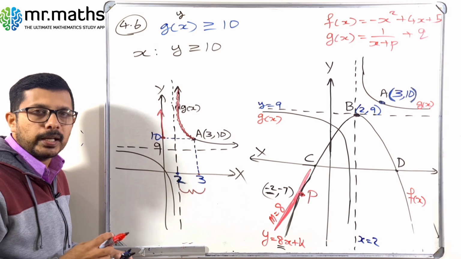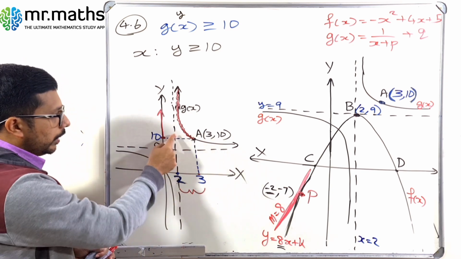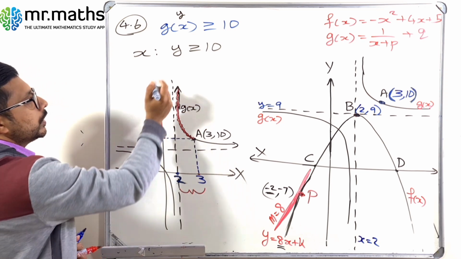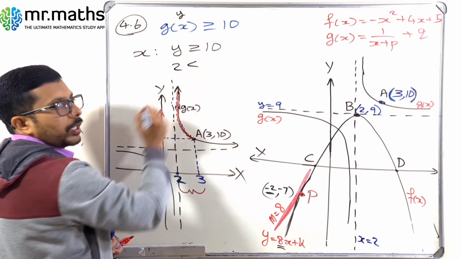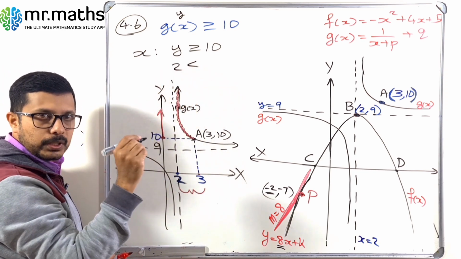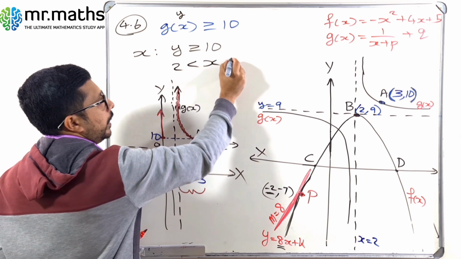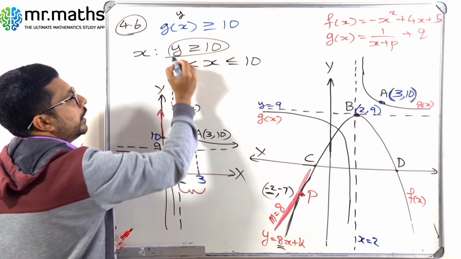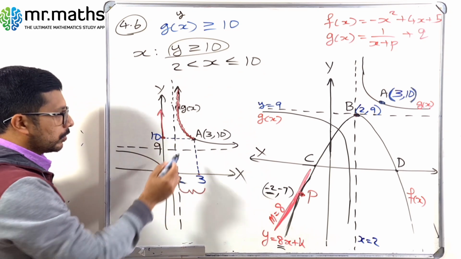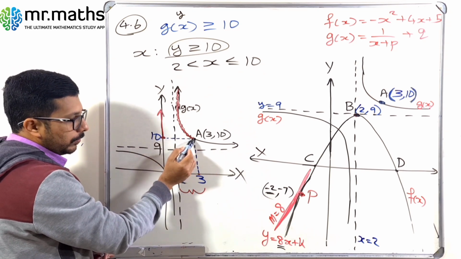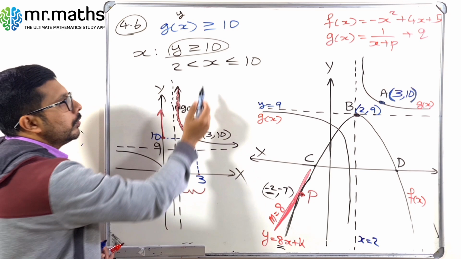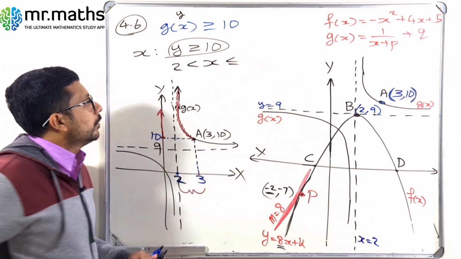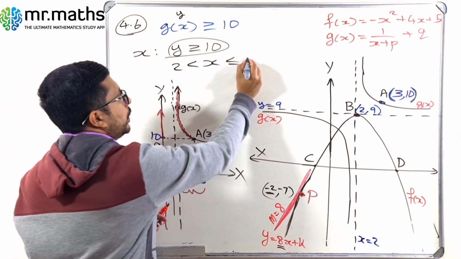Okay. But when you write your answer, you must be careful. It must not touch this asymptote. So you must not include the 2. So you have to write 2 less than. Don't write 2 less than or equal to. 2 less than x less than or equal to 3.